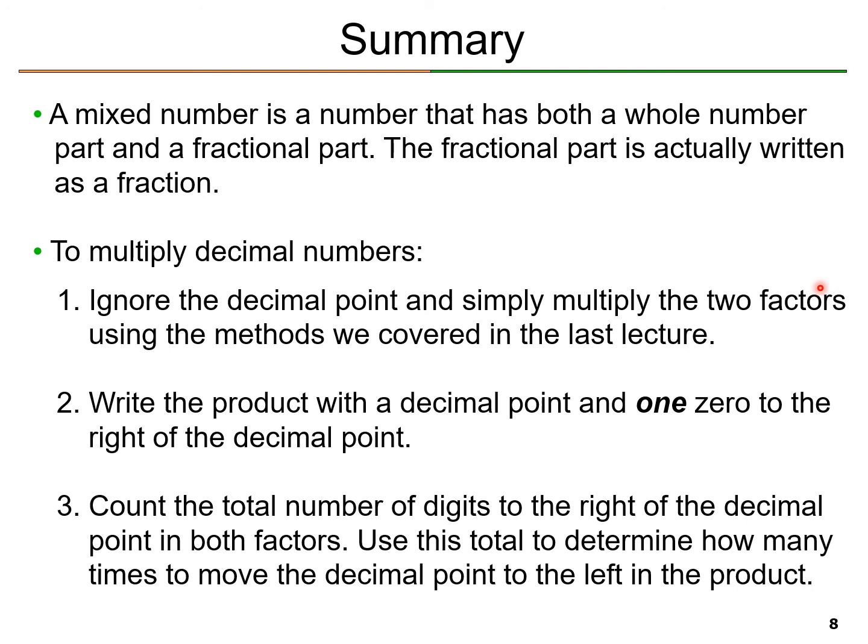Step 3, count the total number of digits to the right of the decimal point in both factors. Use this total number to determine how many times to move the decimal point to the left in the product.